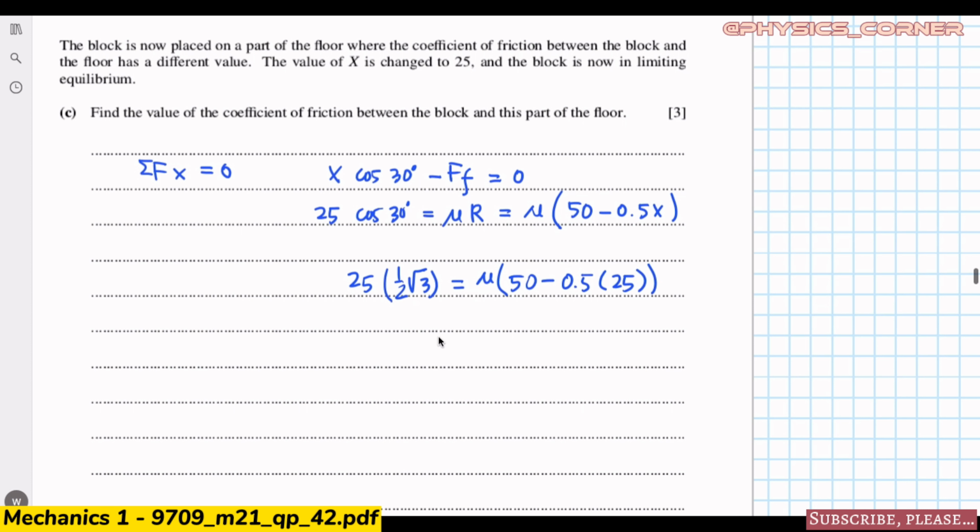So mu we will get as 0.57. The coefficient has no unit here. Or for three significant figures, this is the same as 0.577. That's it.